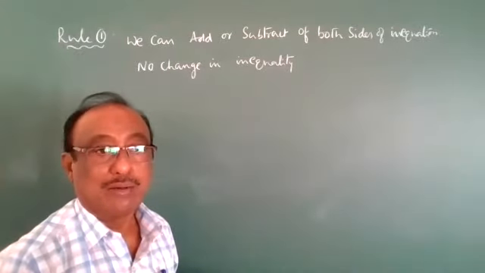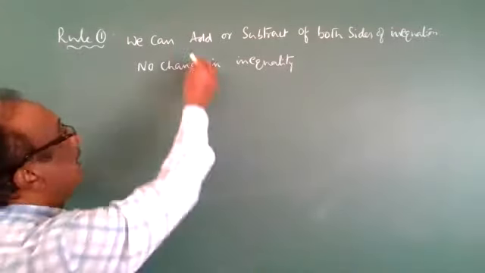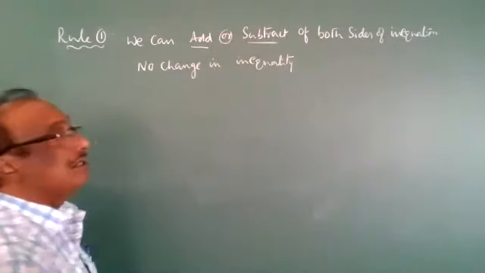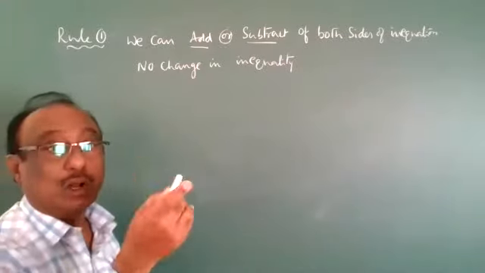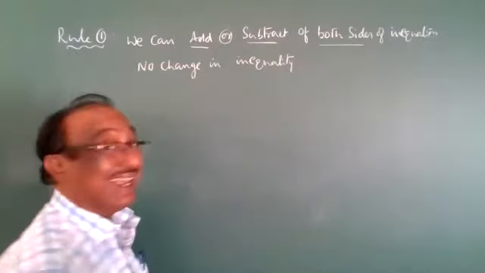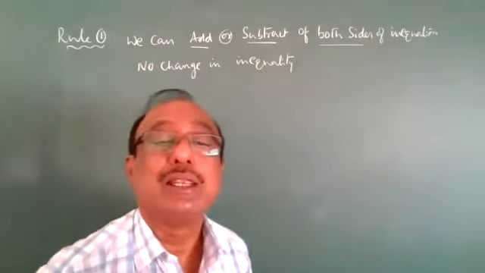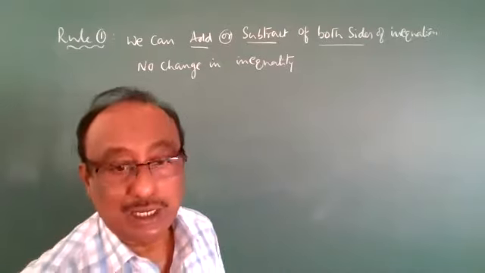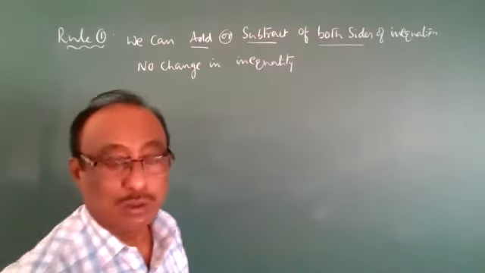Rule number one is adding or subtracting on both sides of the inequality without any change. These are the inequality rules.